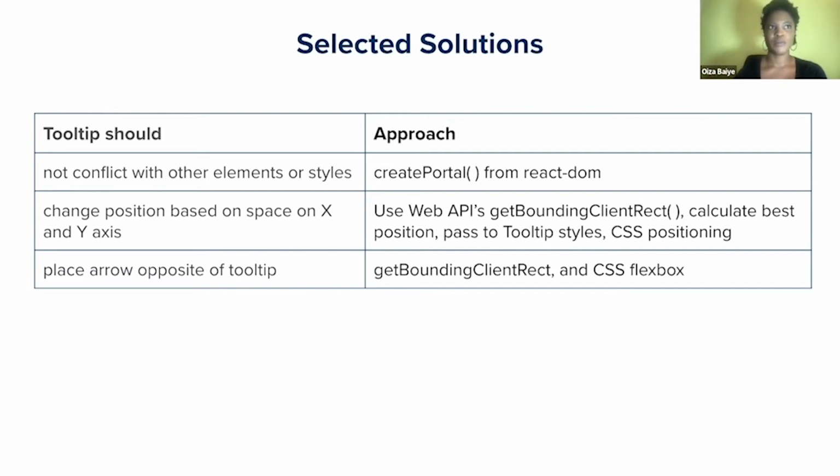Number two, for changing position based on space, we basically use the native getBoundingClientRect method to fetch dimensions for almost everything on the page and then calculate the optimal position for the tooltip. And finally, based on the optimal position for the tooltip, we can decide where the arrow or indicator should be located.